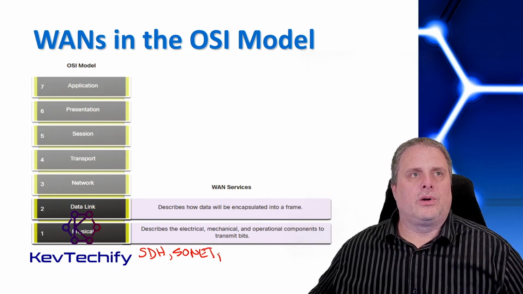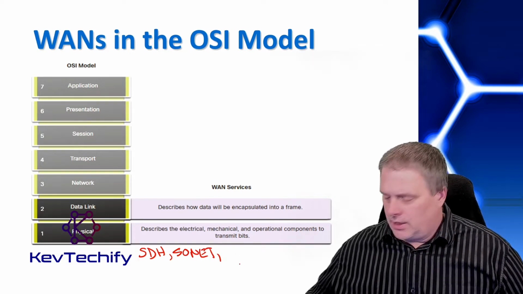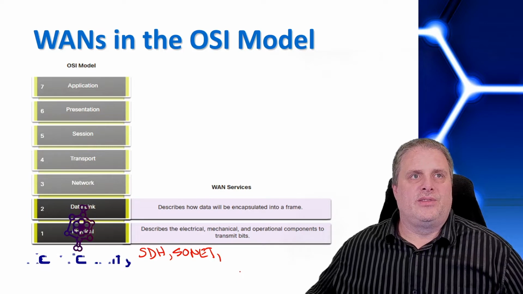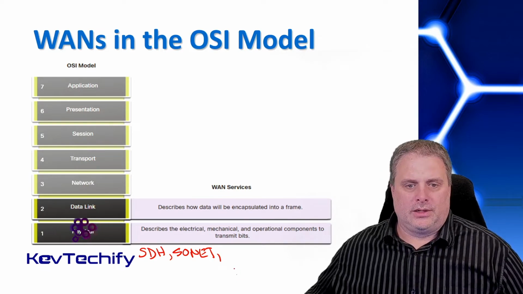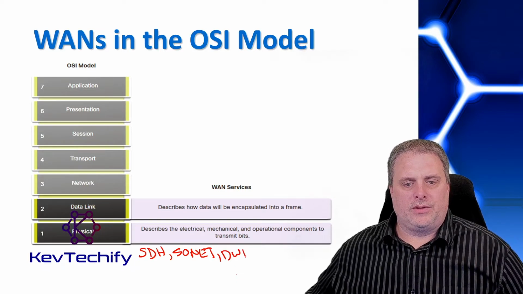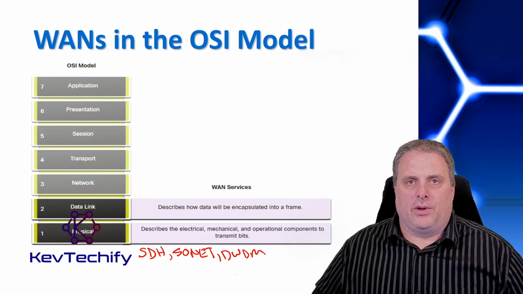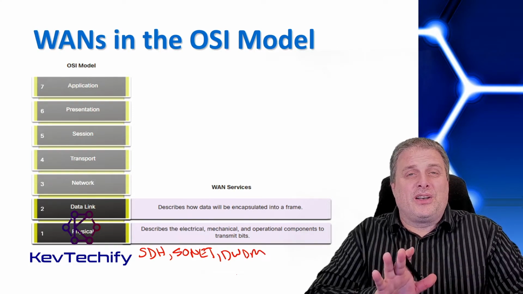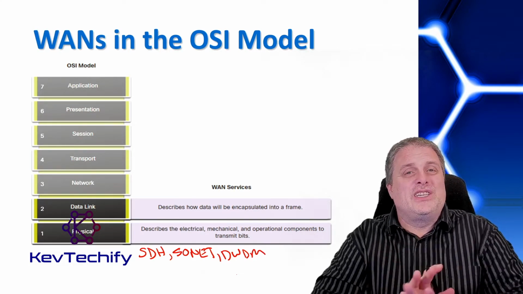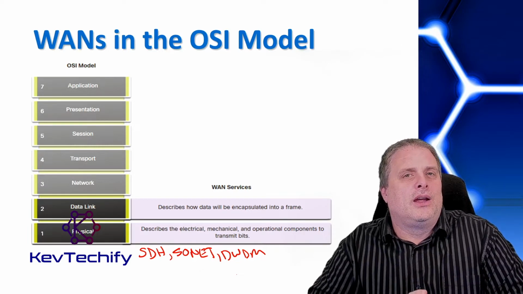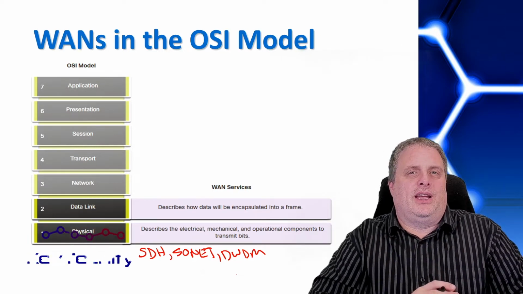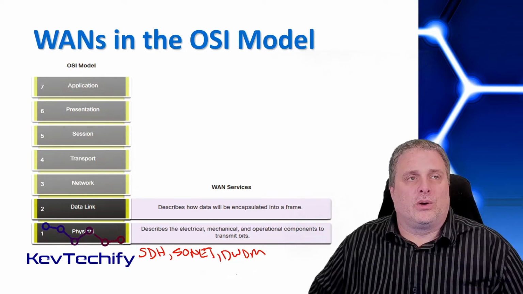And then the third one is dense wave division multiplexing. What that is actually doing is using different frequencies of light, different colors of light, across one fiber optic connection to get multiple connections to go across.